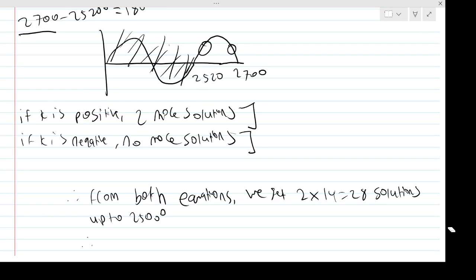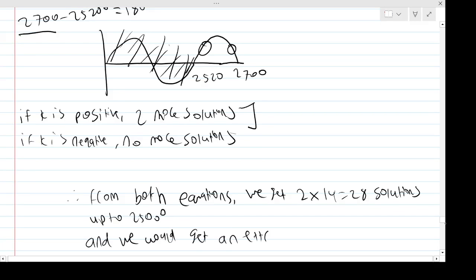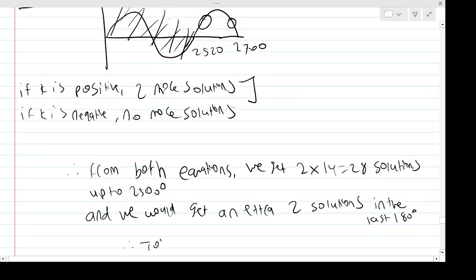So we just need to add 2 on, an extra 2 solutions in the last 180 degrees. Therefore overall, total solutions is 28 add 2 equals 30 solutions.